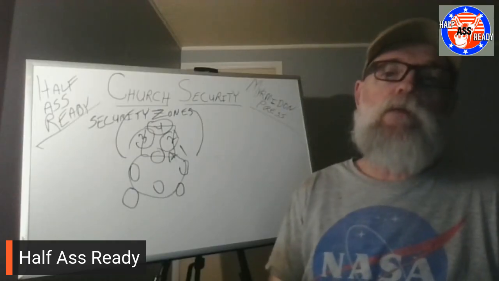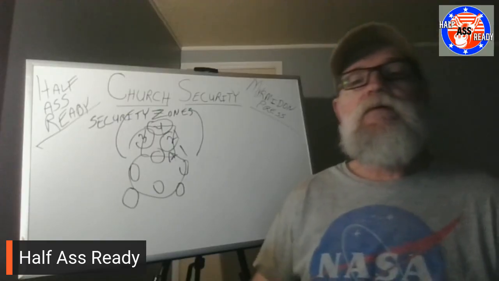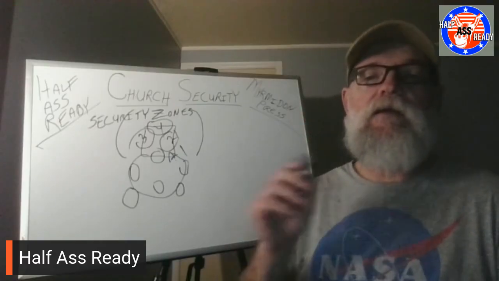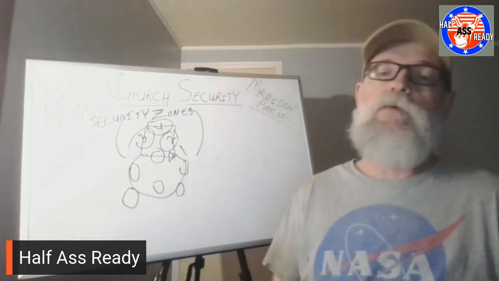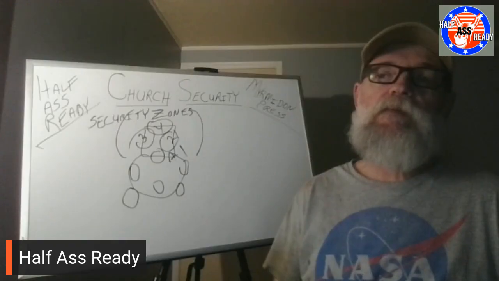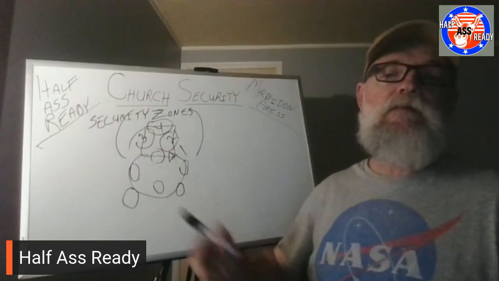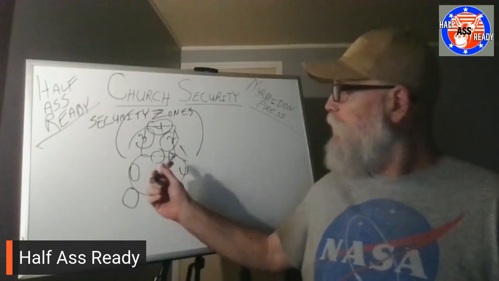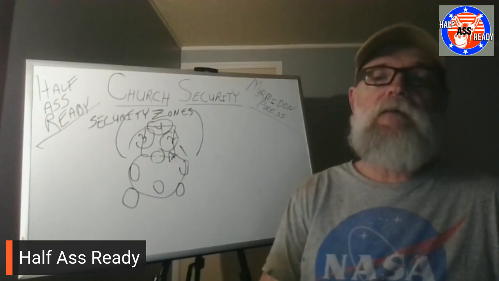Once you assess where your weak points are and where your strong points are, now it's time to reinforce the strong points and eliminate the weak points, make them strong points. So you want to make this not friendly, okay? You want someone to look at here and go, this is not a soft target, okay?